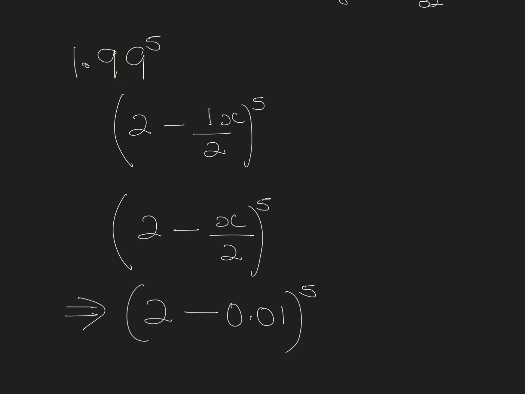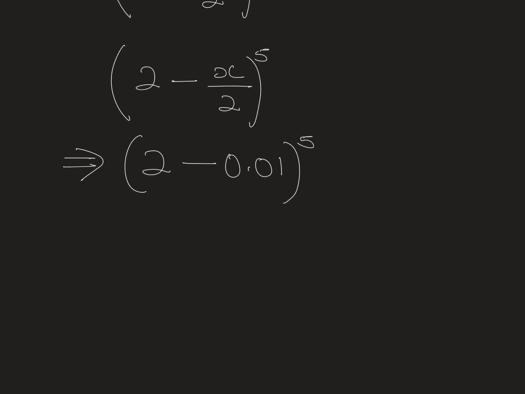So then what we do, we compare. We have 2 here, we have 2 here. We have power 5 is the same. We have 0.01, and here we have x over 2. So which means x over 2 must be equal to 0.01. Then we do that to be able to find x. So x over 2 is equal to 0.01.